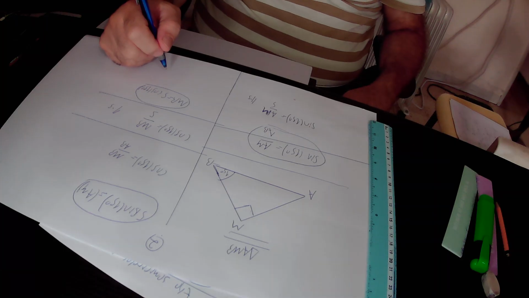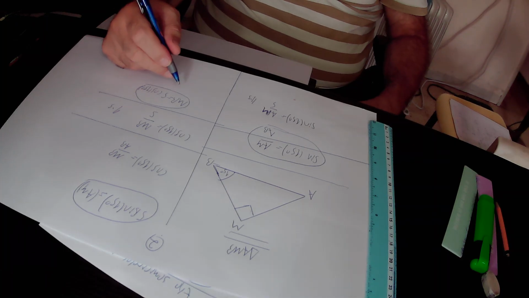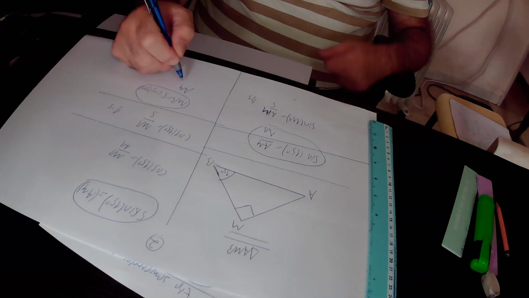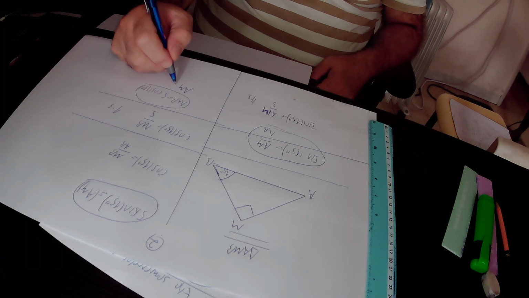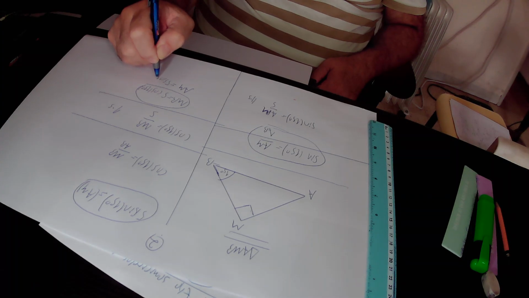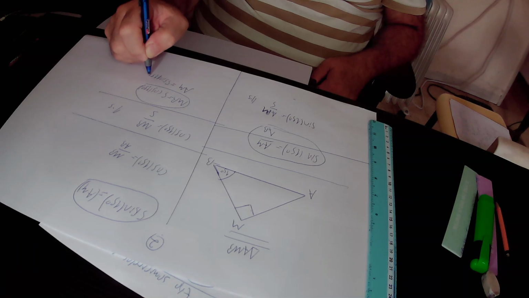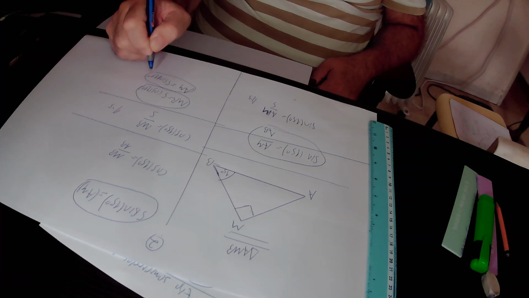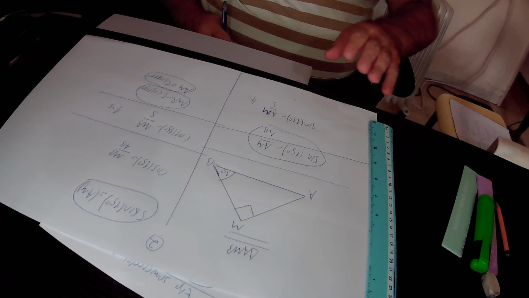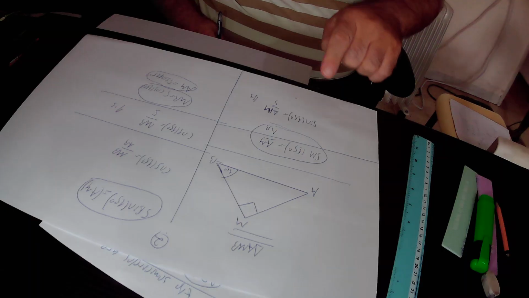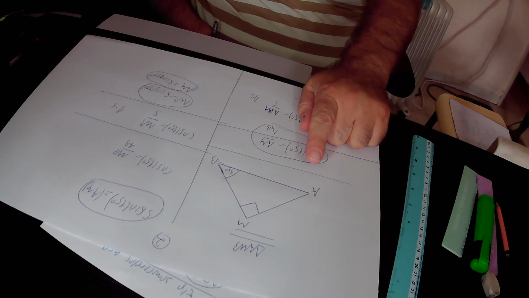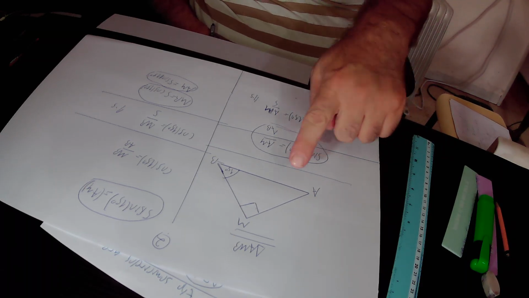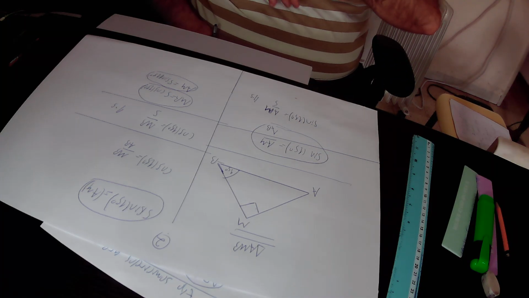We already found out that AM equals 5 times sine 15 degrees. Repeat again: MB equals 5 times cosine 15 degrees, while AM equals 5 times sine 15 degrees.